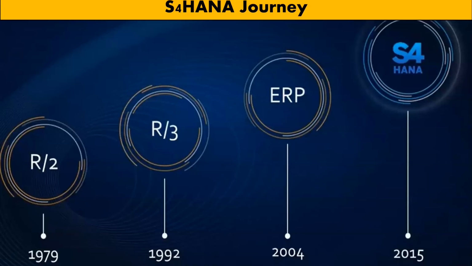Now every organization is trying to move to S4 HANA as per their convenience and budget, and they are also looking for ABAPers who can help them take the maximum benefit of the HANA database because they have the S4 HANA ERP.